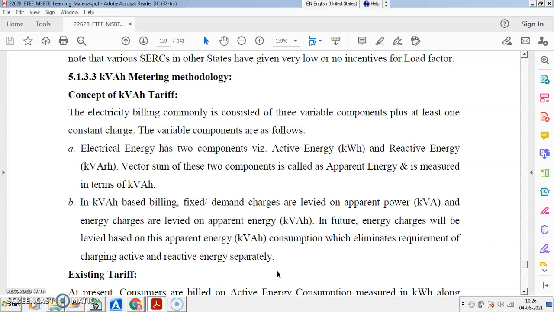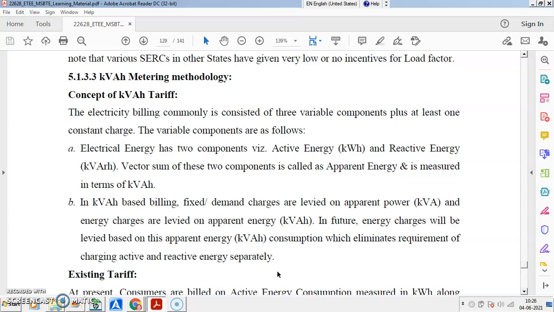It may be fixed or based on the demand charges, the MD that I told you. The MD, suppose your max MD charges are there, suppose your kVA contract is 100, and the MD has gone to 90 only once in the month and the rest of the month it is 40, 45, 60 and so on, then taking 90 kVA for the number of hours, that is kVAh, the tariff is designed as 90 kVA into number of hours of a day 24 into number of days of the month 30.